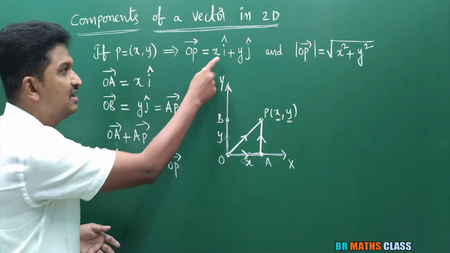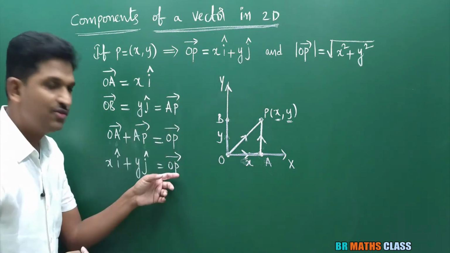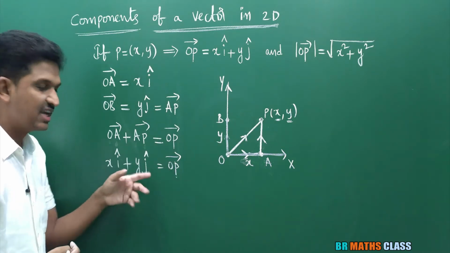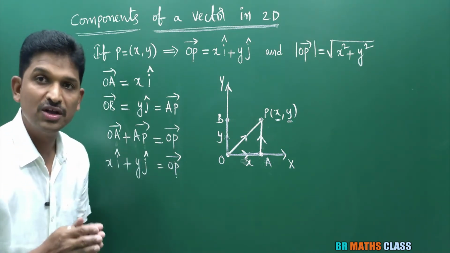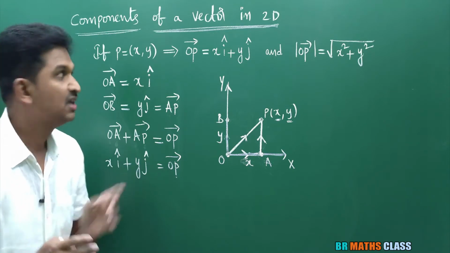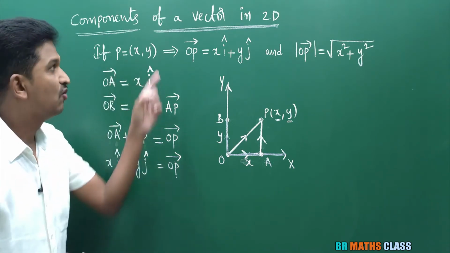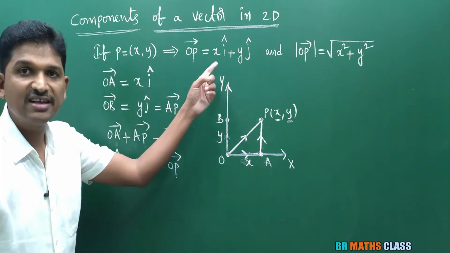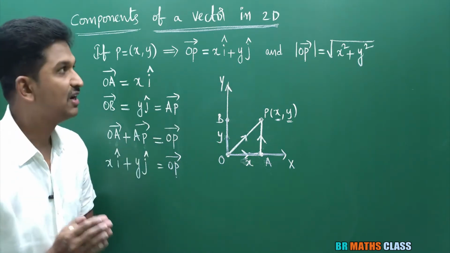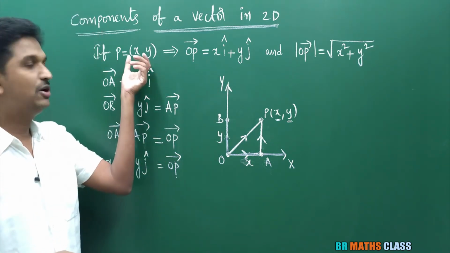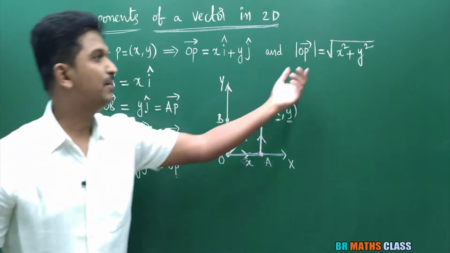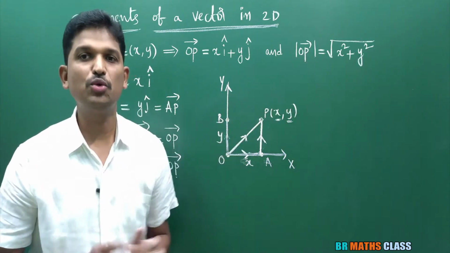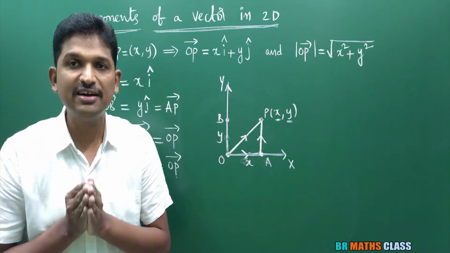OP bar is x i cap plus y j cap. So now you got the point: if P equals (x, y), OP bar is x i cap plus y j cap. Now we will learn that if P equals (x, y), the magnitude of OP bar is root over x square plus y square.